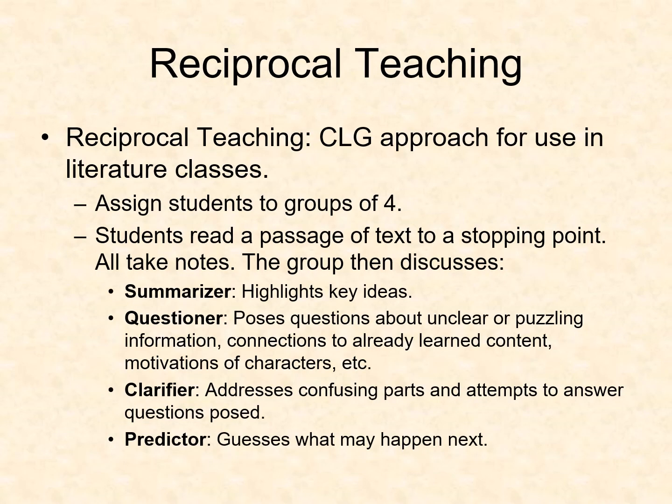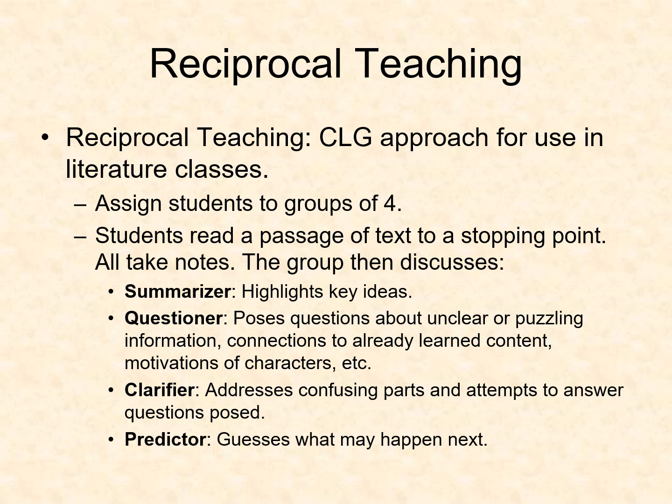One specific type of cooperative learning group that is effectively used in literature in particular is called reciprocal teaching. In reciprocal teaching, typically the teacher will assign students to groups of 4 people, and very specifically 4 people, because then there are 4 specific jobs or roles for the students to do.